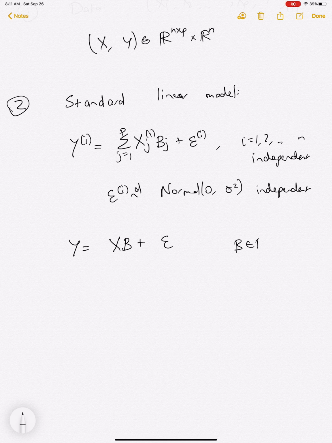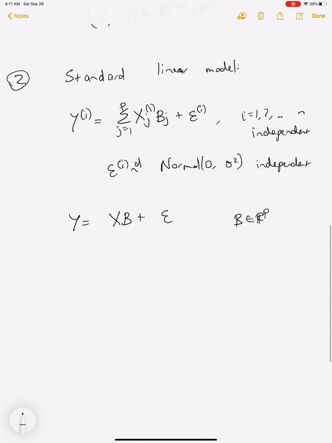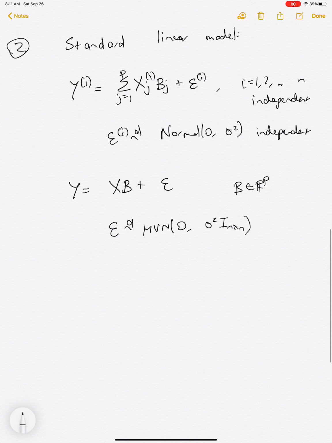B here is in R^p, and epsilon here is going to be a multivariate normal with mean 0 and covariance sigma squared times the identity. We have homoscedastic noise in this case, because, as we'll see, that will make the analysis we do later a lot easier.